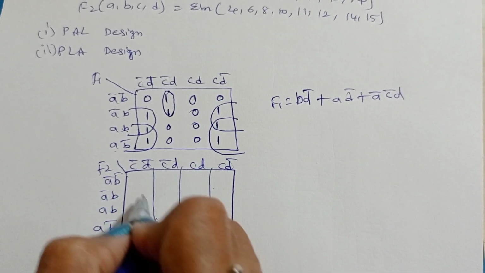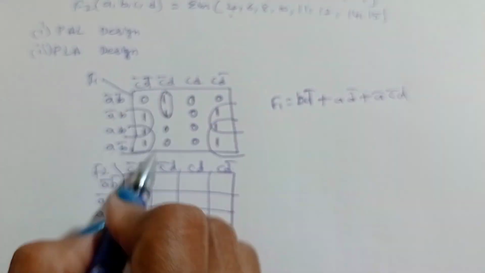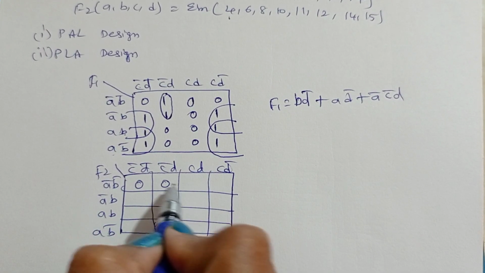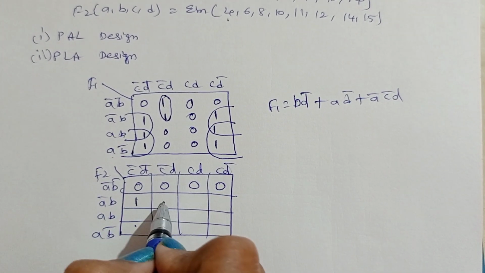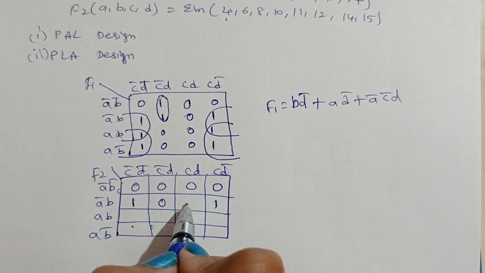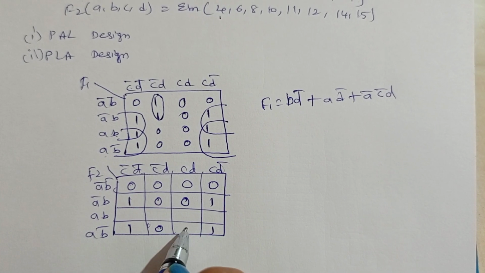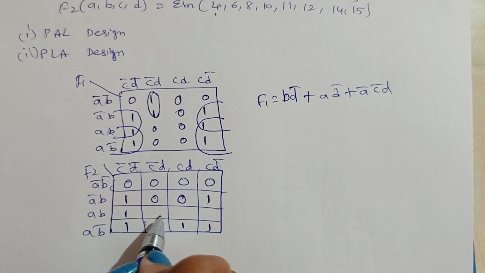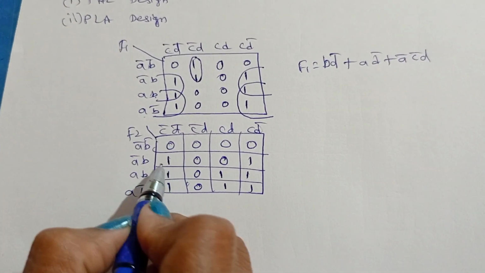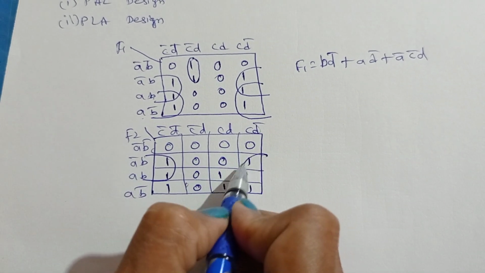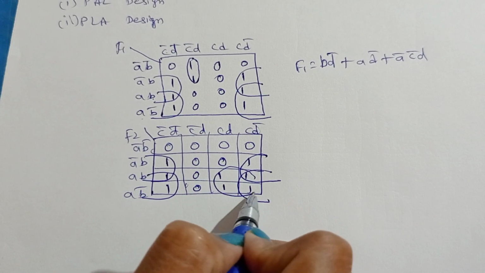Now again, we'll consider the given terms, that is 0, 1, 2, 3, 4 is given, 5 is not given, 6, 7 not given, 8, 9 not given, 10, 11 is given, 12 is given, 13 is not given, 14, 15 given. Okay, from this again we'll get a quad, again one more quad, and from this one quad.